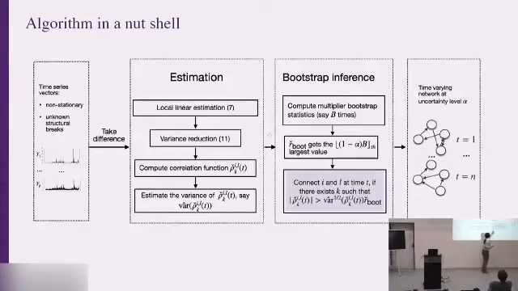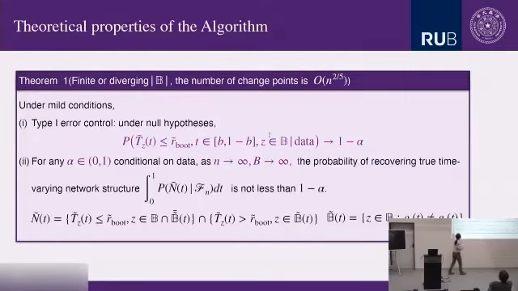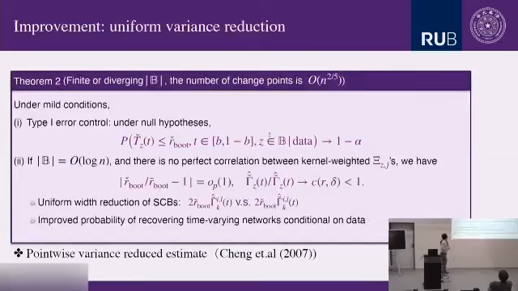The second result is that we can control the probability of recovering the true time-varying network structure. That means it includes the type 1 error and also the type 2 error. We can guarantee it's not less than 1 minus alpha.